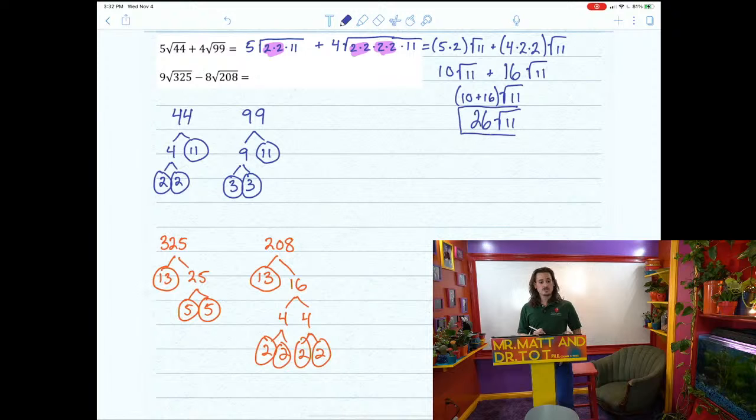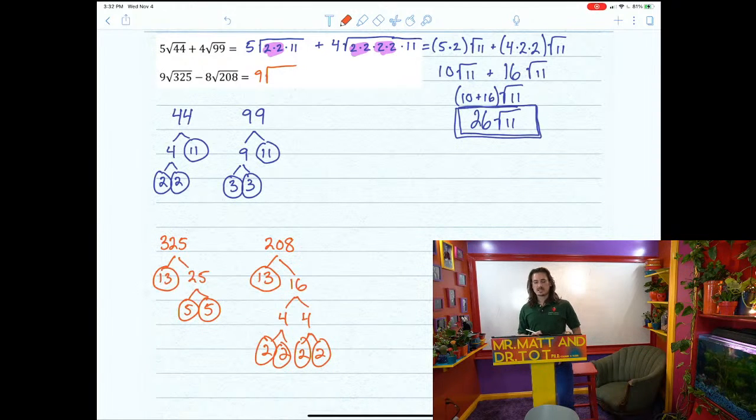If you have any questions, then please let me know. For the second question, 9 root 325 minus 8 root 208. 325 breaks down into 13 times 25. 13 is prime, but 25 breaks down into 5 times 5. So we can rewrite this as 9 times the square root of 5 times 5 times 13.